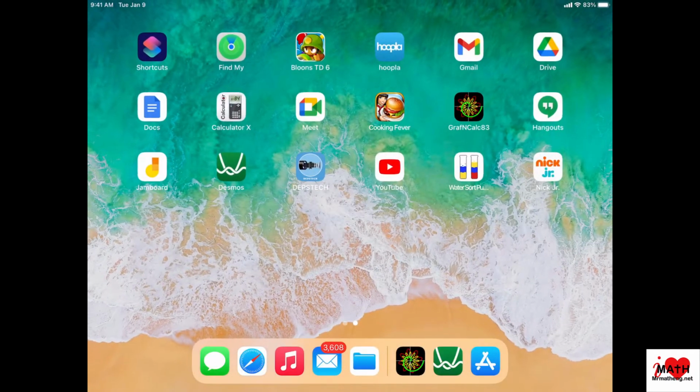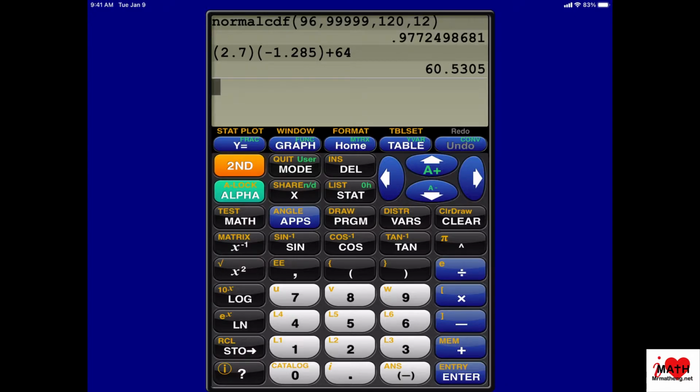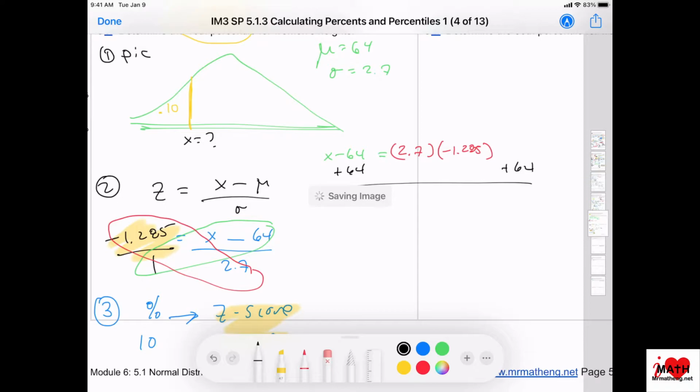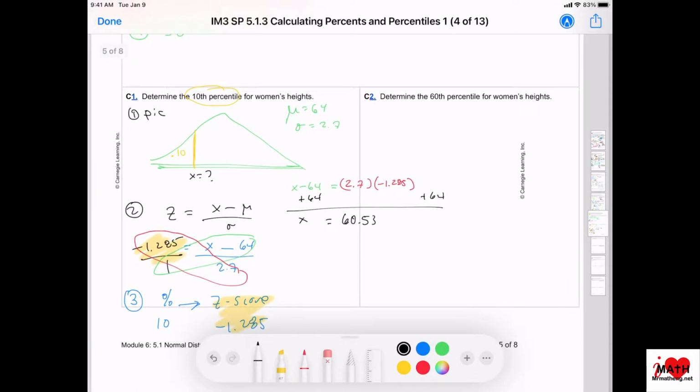All right, let's go to our calculator over here. 2.7 times negative 1.285 plus 64. And this will give me approximately 60.53. What does that mean? It means the 10th percentile, let's write a sentence, might help.